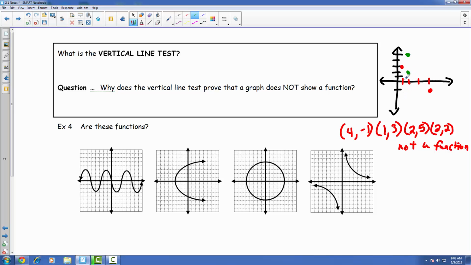The vertical line test pretty much just says if you can cross 2 points vertically, then that is not a function. And again, these 2 points were what caused that issue. We can see that that vertical line is crossing between those 2 points.